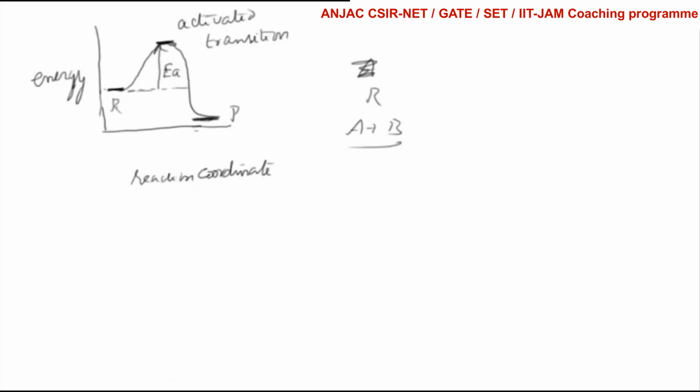Now the product energy is lower than the reactant energy to this extent, and we call this the heat of reaction. Here excess energy is released, therefore it is called an exothermic reaction. For an endothermic product formation, the nature of the curve would be like this.